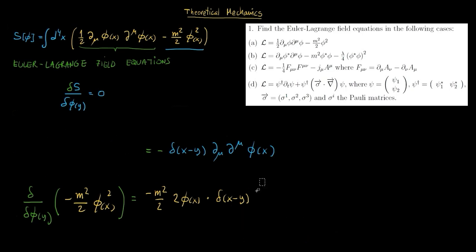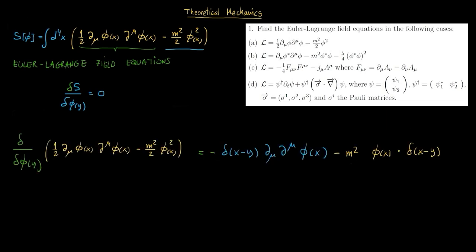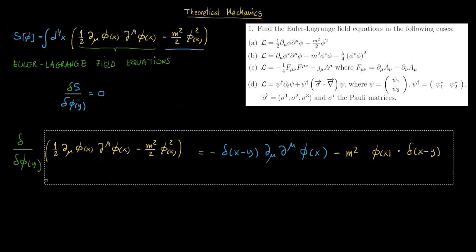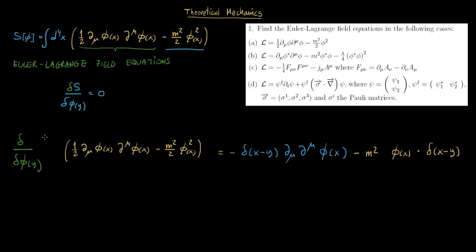If we put this here and delete this 2 with this 2, now we can say that if you want to compute the functional derivative of the action, namely the 4x here, then you need to write the 4x here.